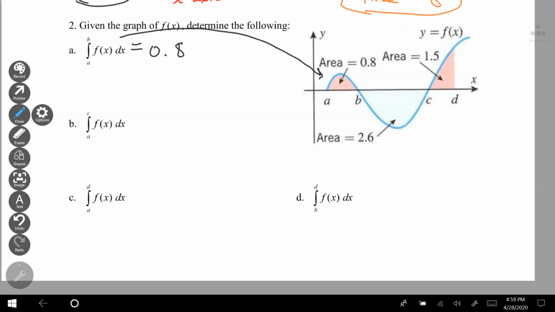The next one, see, it says between A and C. I could just split that up as A to B of the function, and then the area from B to C of that function.